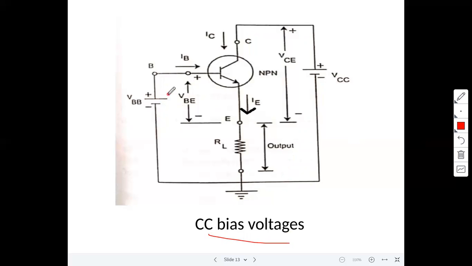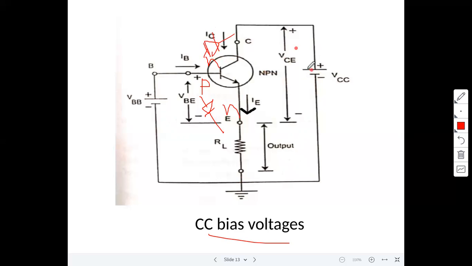This base to emitter junction is forward biased. This is an NPN transistor, here base is the p-type material, there is a diode, and this diode is in forward bias. Now coming to the reverse bias, there is another diode here in reverse bias.